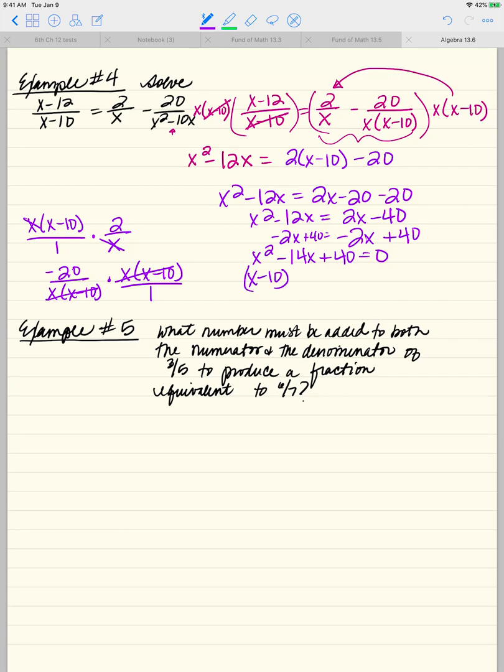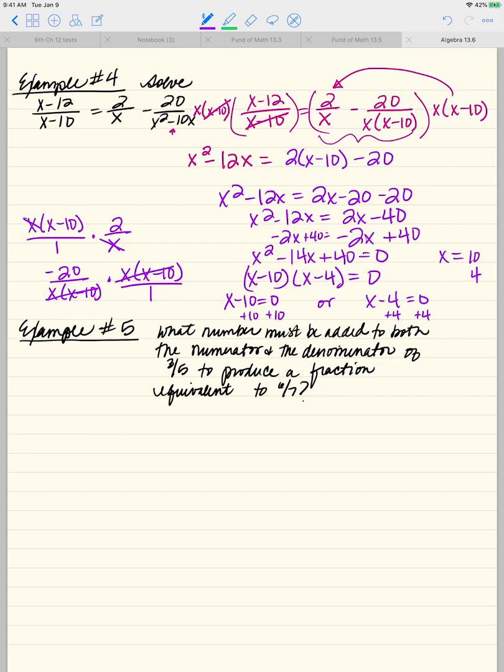X minus 10 times x minus 4 is equal to 0. X minus 10 is equal to 0, or x minus 4 is equal to 0. Add 10, add 10, add 4, and x is either 10 or 4, okay?